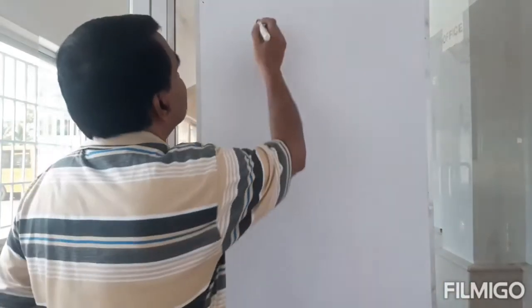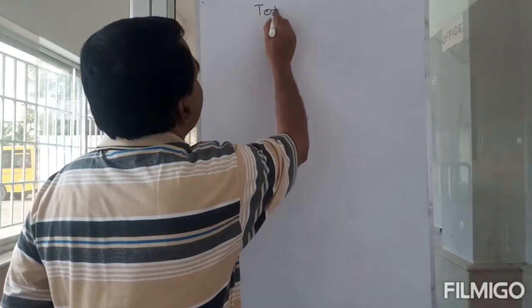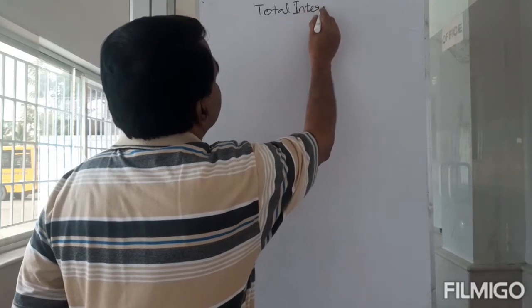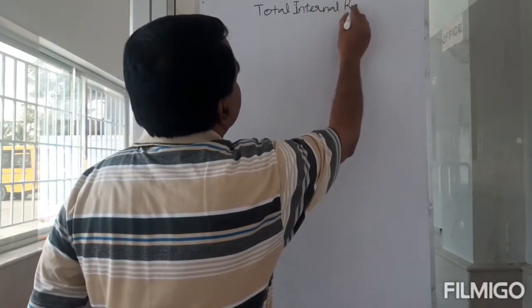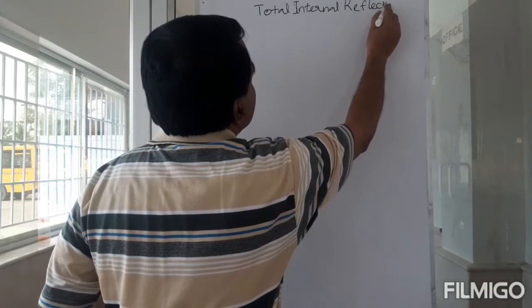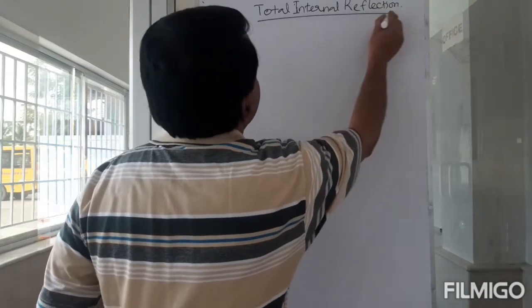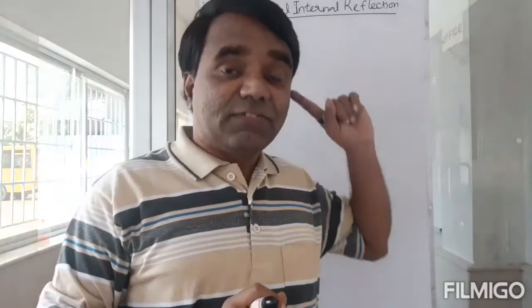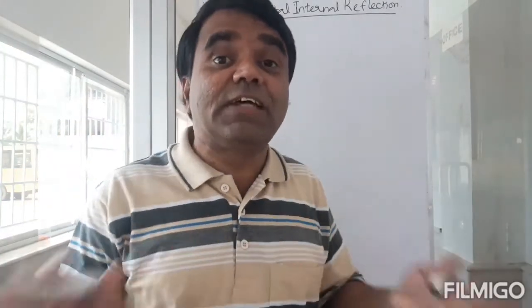We'll explain how this happens, but this phenomenon is called total internal reflection. This reflection takes place because of refraction. That must be surprising to you.